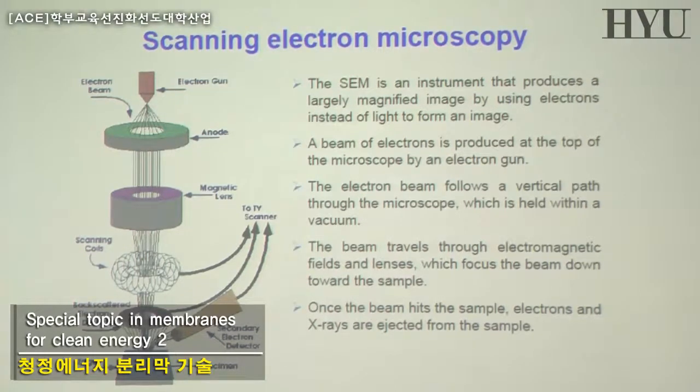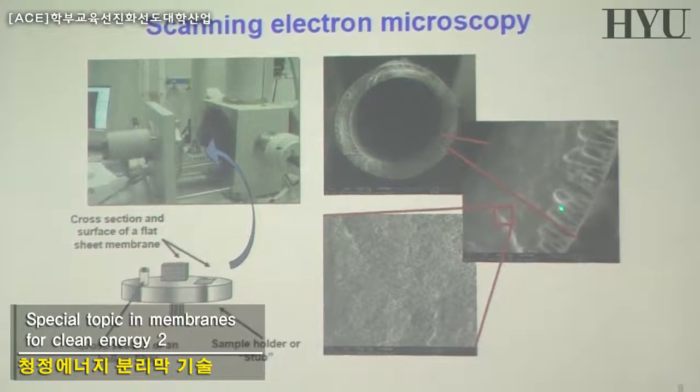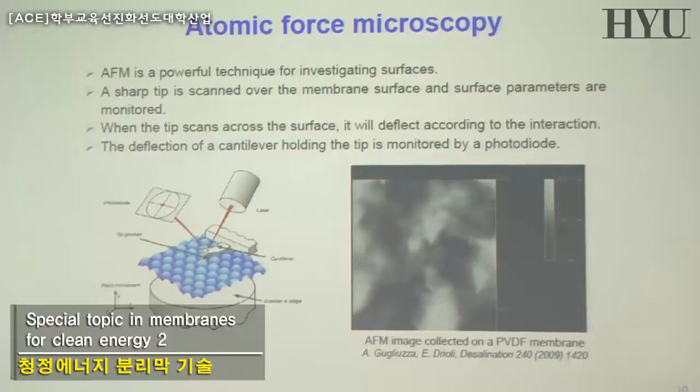This is a typical example of the cross-section and surface images. You can tilt the specimen so that you get nice images as well.